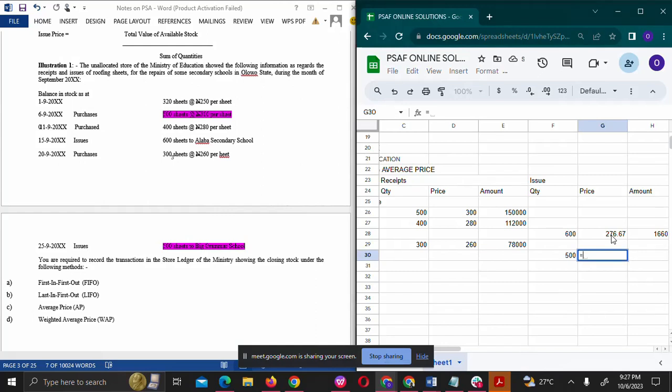So the issue price will be 260 plus 280 plus 300 plus 250, all divided by 4 this time.